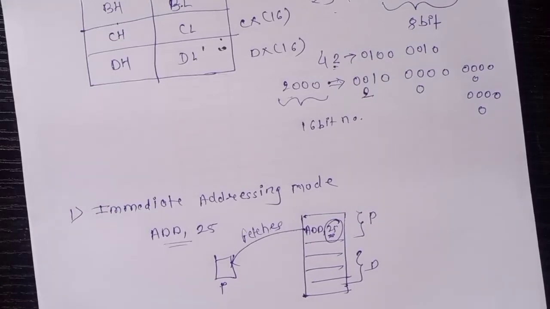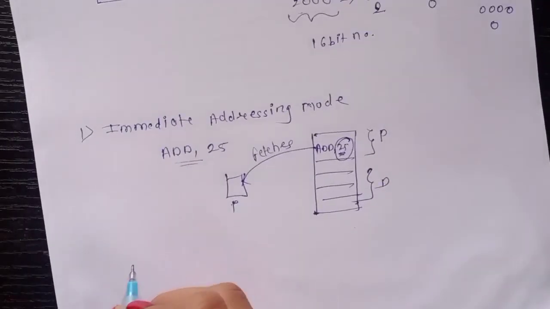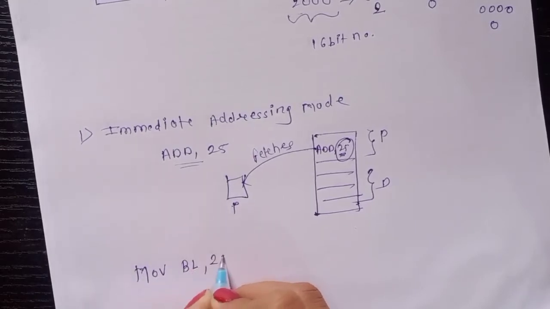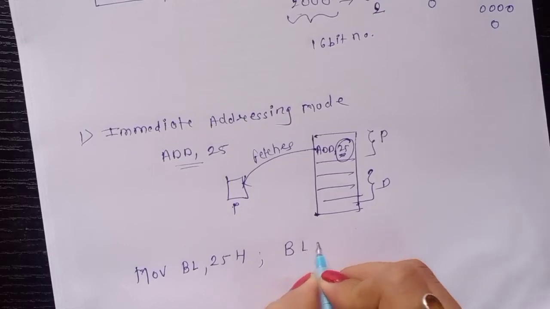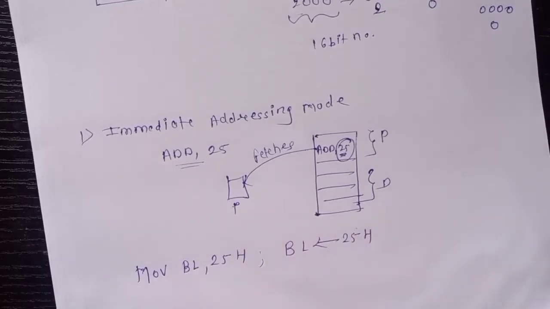Again, let's take an example. Let's say MOV BL, 25H. What does it mean? BL will get the data 25H.